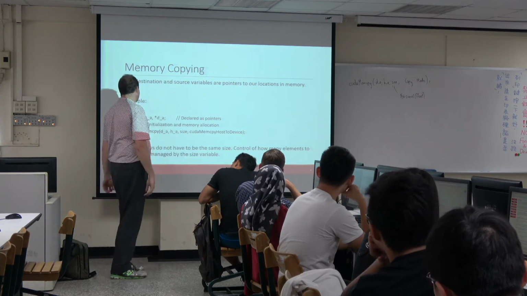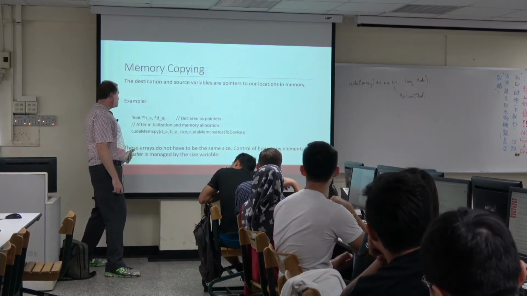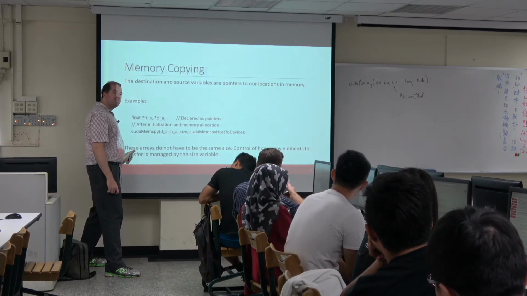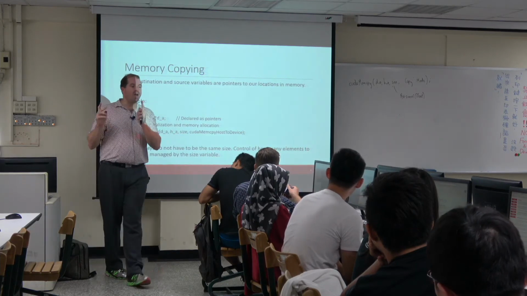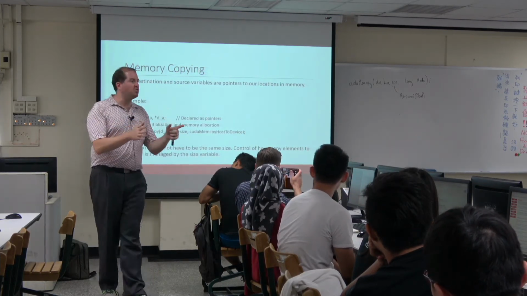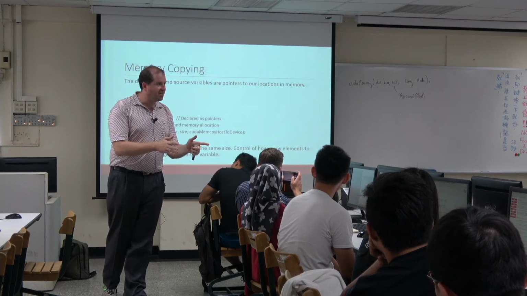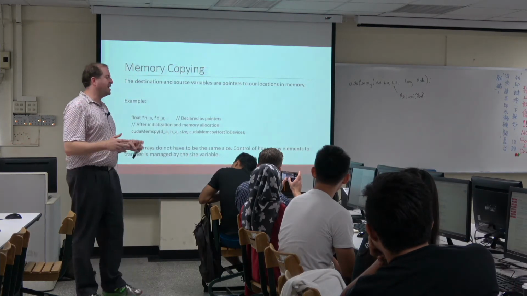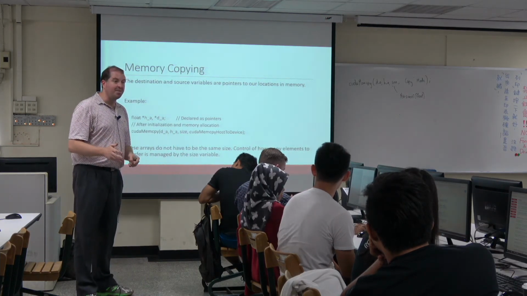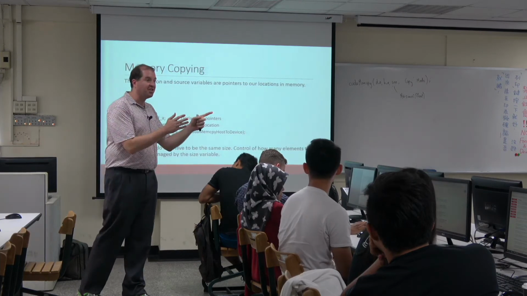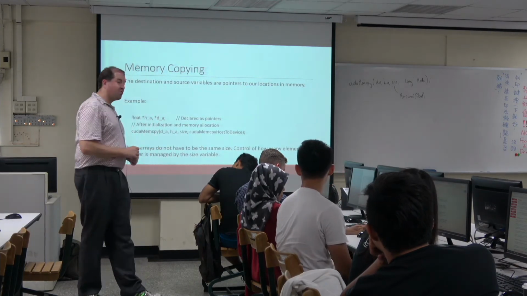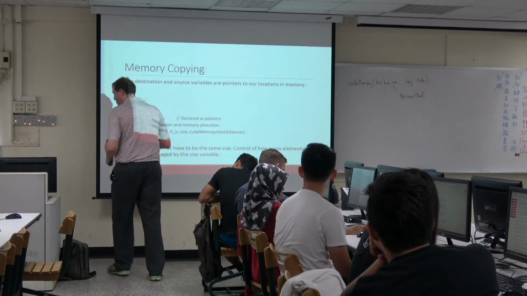So this is the same code I just wrote. The arrays do not have to be the same size, but the array you're copying must fit into the destination array. 如果你要 copy 的东西太大了，没办法放进去你的 destination. There will be a big problem, and we're going to talk about that soon.